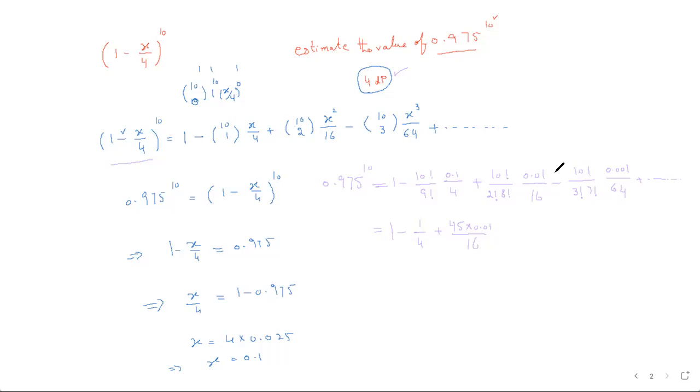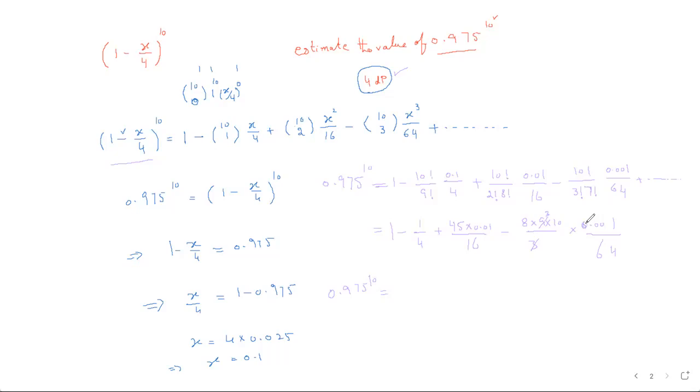Oh, we missed something here. Oh no, that's fine. Minus. So this one is 7 factorial, so we are left with 8 times 9 times 10, and we have a 3 here, and 0.001 divided by 64. So now you can use the calculator. Here we are left with the 3, and we can sum them up, then our answer will be over there.